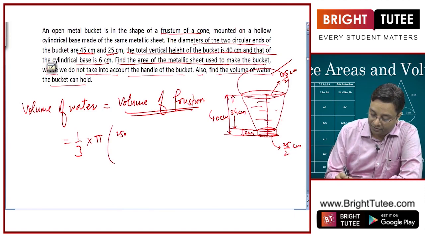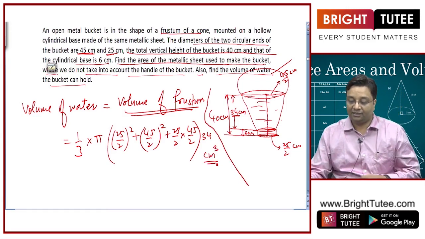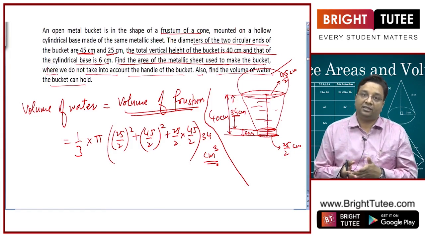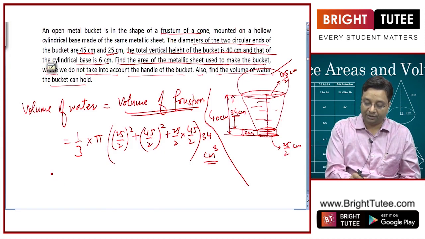So 25 by 2 square plus 45 by 2 square plus 25 by 2 into 45 by 2, into height of the frustum part only, which is 34. So this is the volume of the frustum, or we can say this is the volume of water that this bucket can hold, right? You can further simplify it.